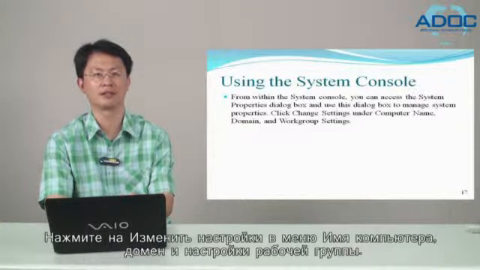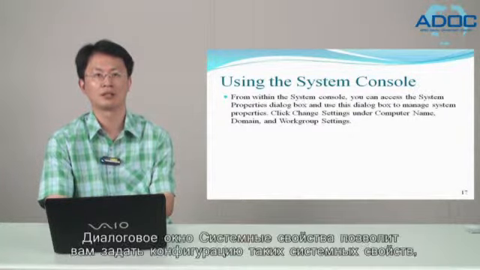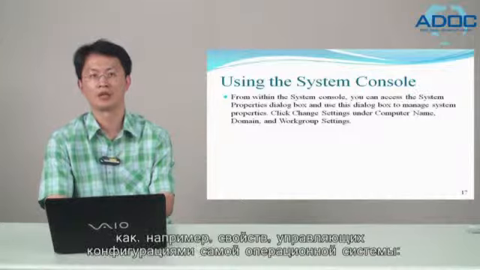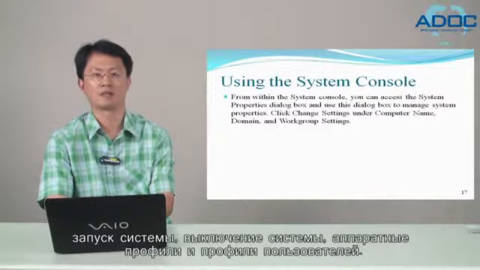Click Change Settings under Computer Name, Domain, and Workgroup Settings. The System Properties dialog box allows you to configure system properties, including properties for managing the operating system configuration, startup, shutdown, hardware profiles, and user profiles.